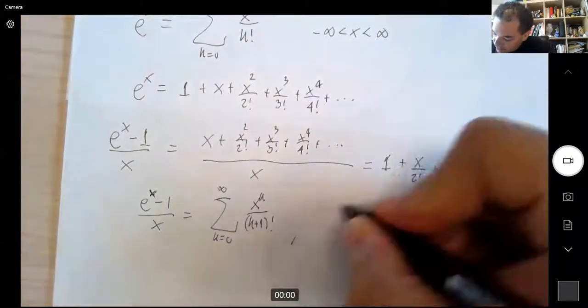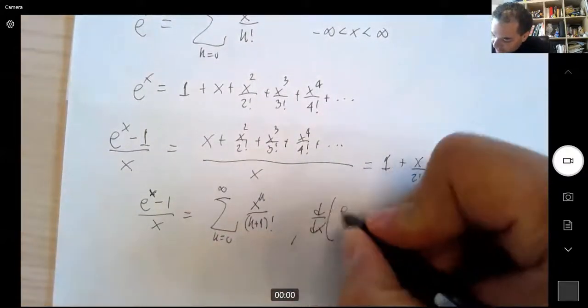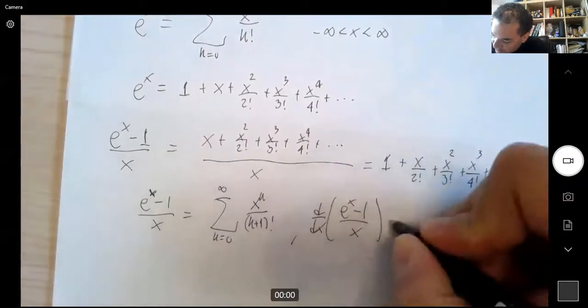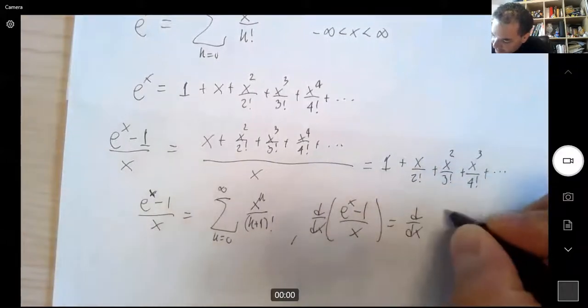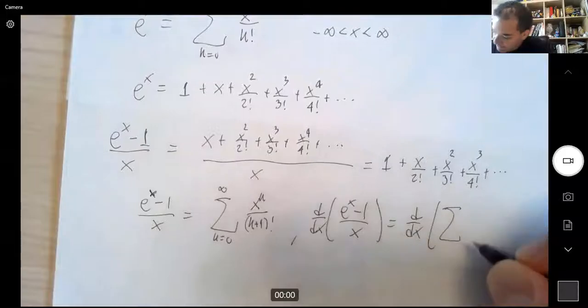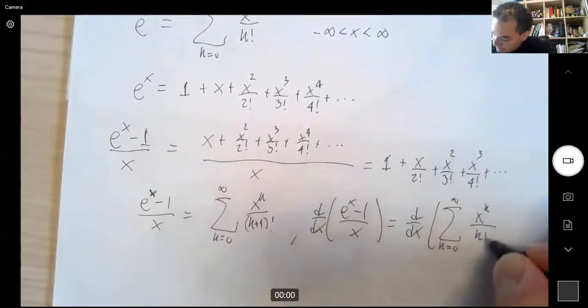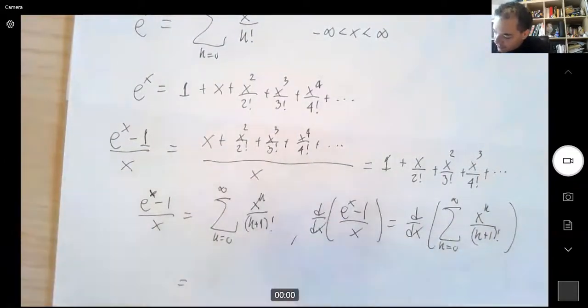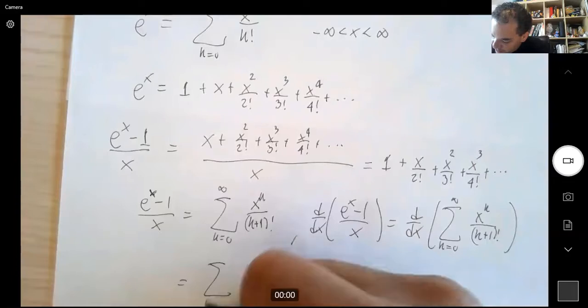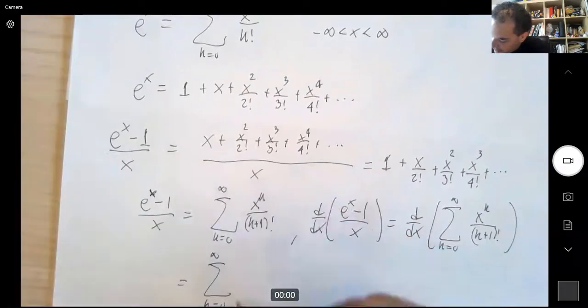If you want to take the derivative of this, that's the same as taking the derivative of the series. Right? And how do we do the derivative of the series? Well, we can take the derivative of each piece.